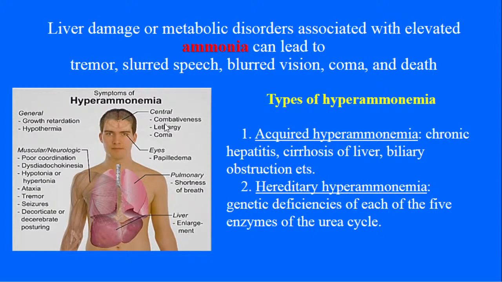If ammonemia develops as an acute situation, of course the disorders will mainly be neurological: tremor, seizures, ataxia, slurred speech, disorder of vision. So in an acute situation, the primary symptoms will be from the central nervous system.